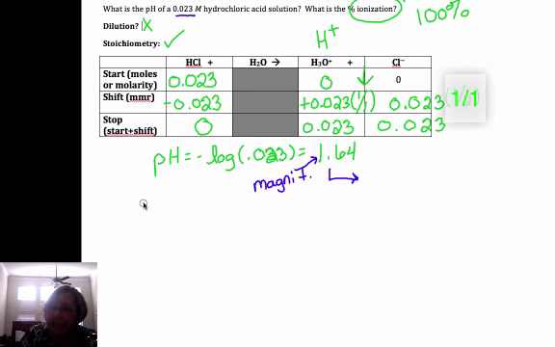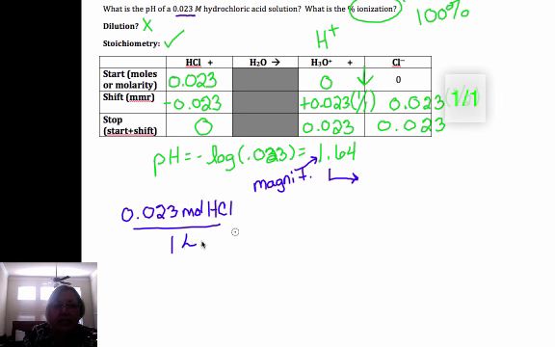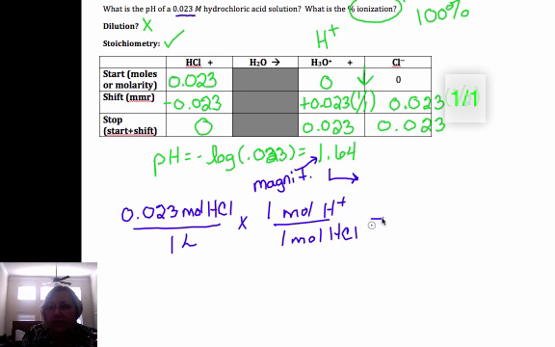Now, certainly a much simpler way. Remember, DSE is a surefire way to get your mind going, but it's not always the shortest way. You certainly could have done a very simple stoichiometry. I've got this many moles of HCl per 1 liter. I'm going to multiply by ions within, 1 mole of H plus for every 1 mole of HCl, and you would have had the same number.